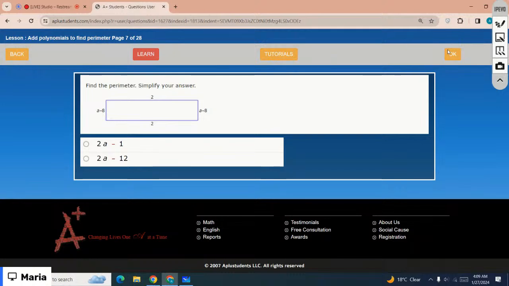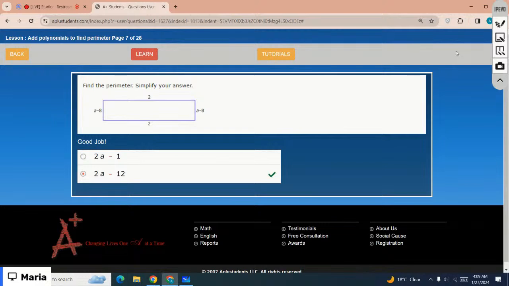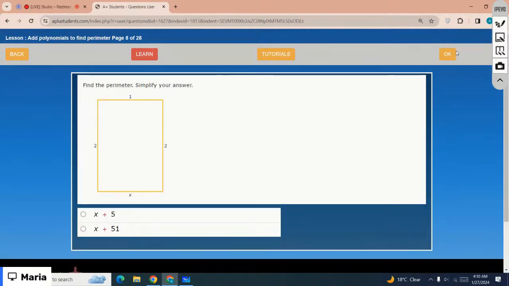Got it? The correct option is 2a minus 12. Okay, the next one is find the parameter. So which is the correct option? Yes, the correct option is x plus 5. Option number 1 is the correct option, right? You can complete the lesson by yourself later today.